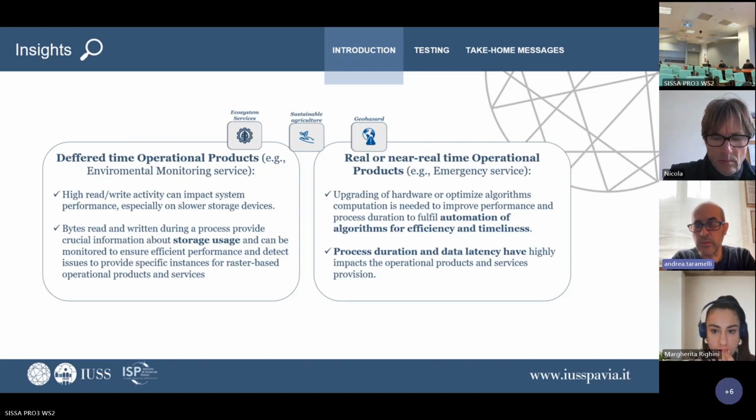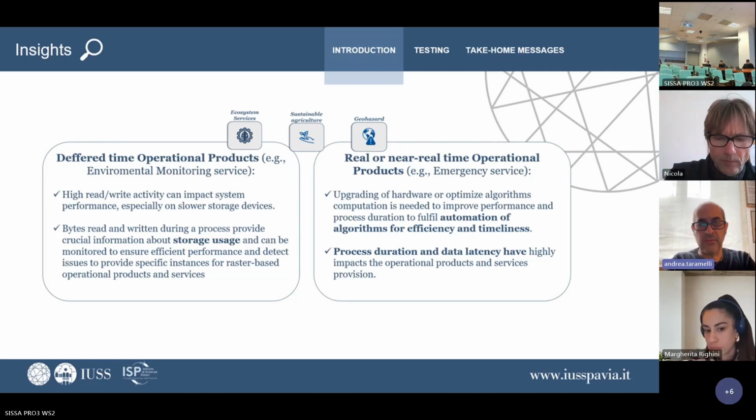Then we have another issue when we are dealing with operational services. Not only the emergency, but this is the clearest example: in case of an emergency, say flooding or subsidence issues like the Campi Flegrei, maybe you need real or near real-time products for taking decisions.